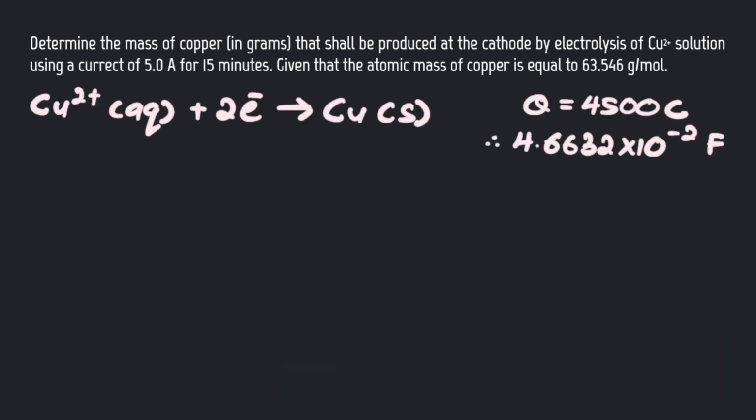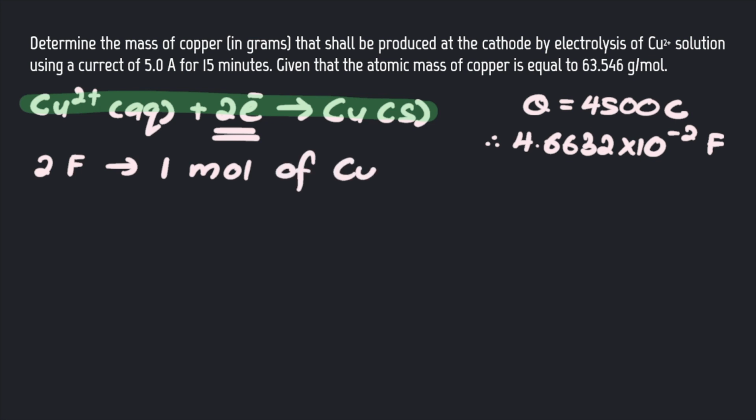Alright, so now let us look at the balanced equation here. From here we can see that 2 Faraday, which is highly related to the amount of electrons that you're using, will produce 1 mole of copper. So this is how much Faraday that you have.